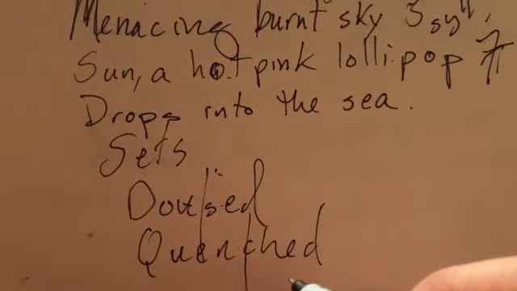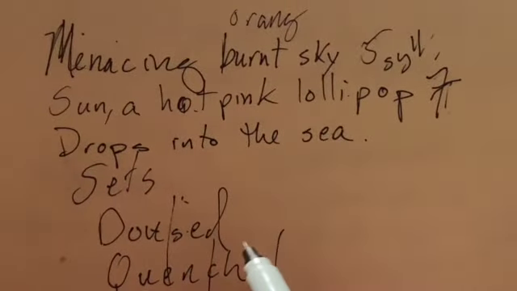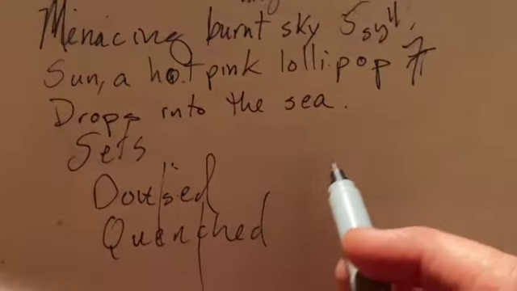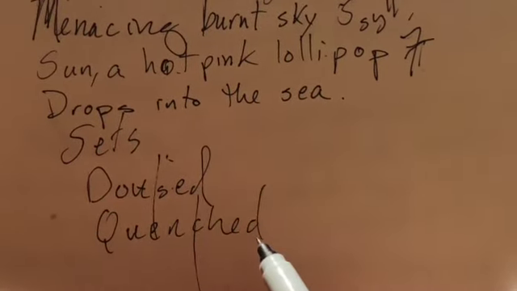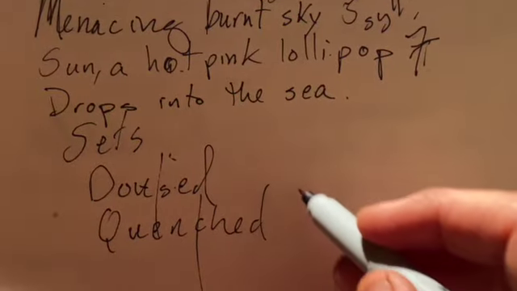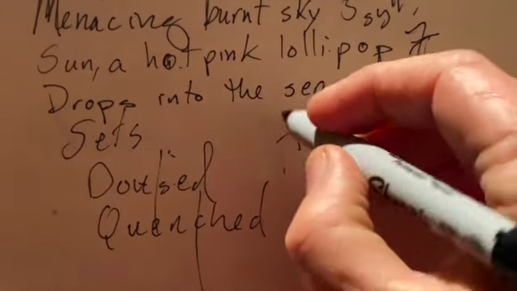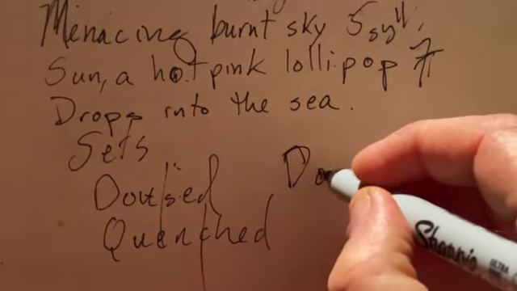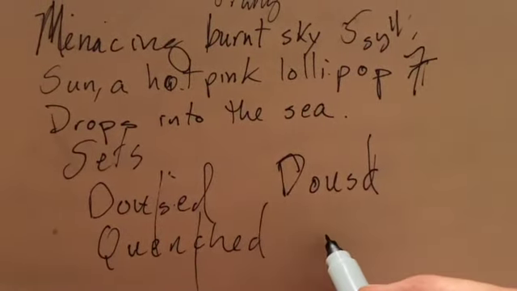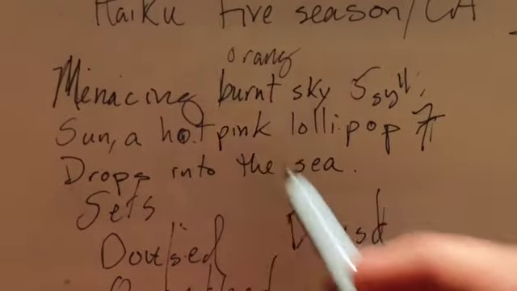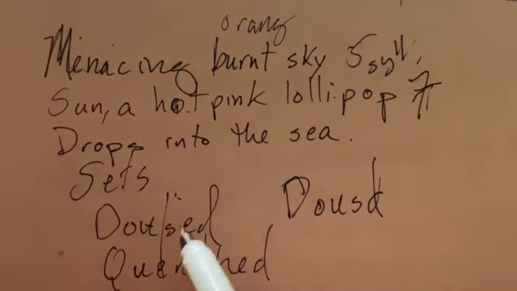Because of the ed on the end. But if you think about the way we say it, we don't say doused and we don't say quenched as two syllables. It's like burnt, right? Doused, like that, like burnt, 1 syllable, okay?